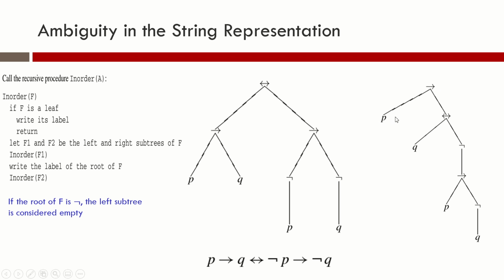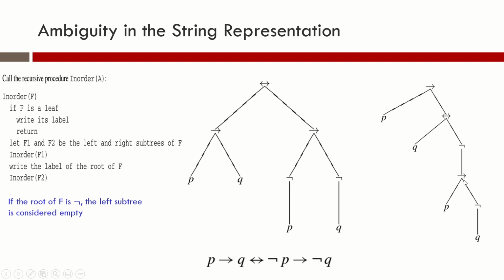We get P implies, then we call in-order on the right subtree. Here we call in-order on the left subtree, which is Q. So we have P implies Q, equivalence. Here we have negation, which is actually the right subtree of negation, so we print negation and then we move on to the right subtree.